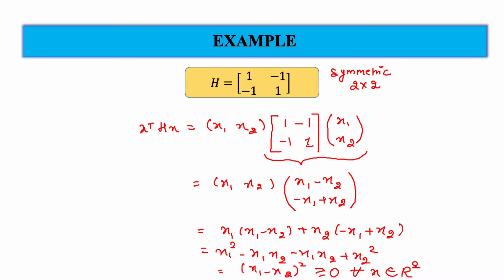So we can say that this matrix H is positive semi-definite. For positive definite it must be strictly greater than 0. However, this is greater than or equal to 0, and there are non-zero x where it equals 0. So therefore it is not positive definite. However, it is positive semi-definite.